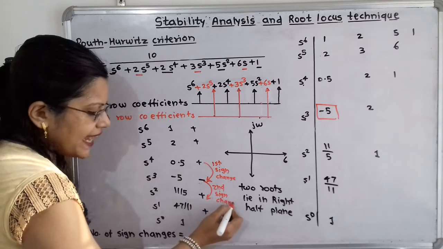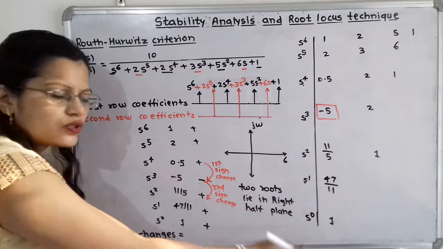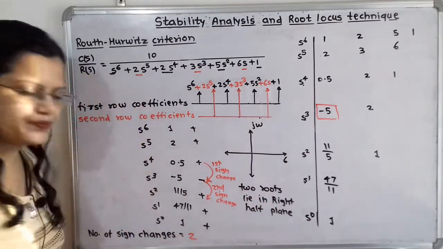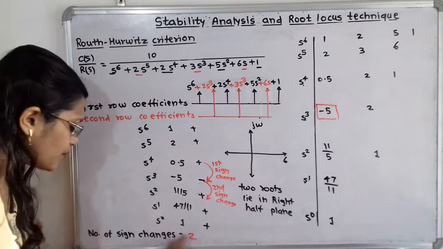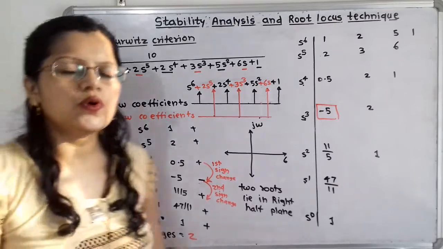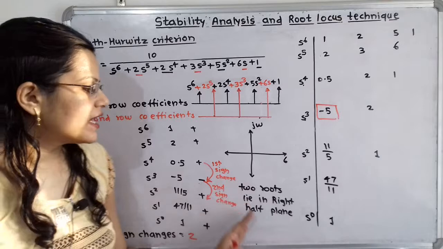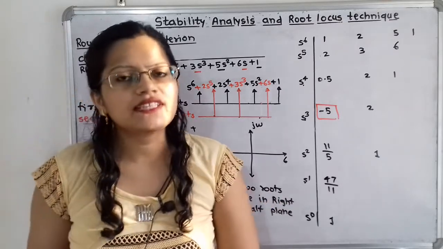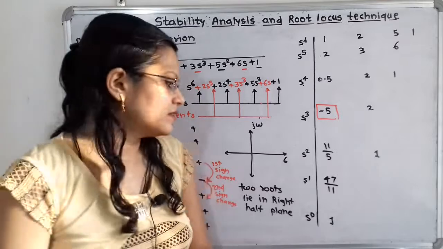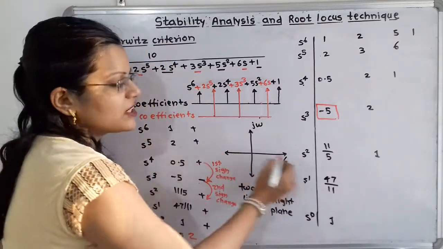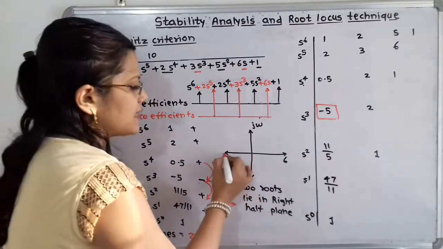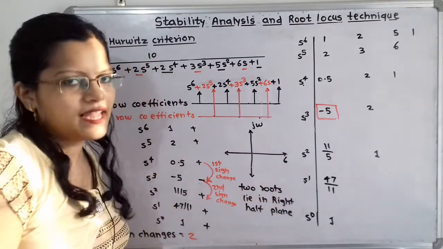So we can say that in this given Routh array, the number of sign changes is equal to 2. When the number of sign changes is equal to 2, that means 2 roots lie in the right half plane. So what is the meaning of right half plane? This is the total s plane, the vertical line is the imaginary axis and the horizontal line is the real axis.